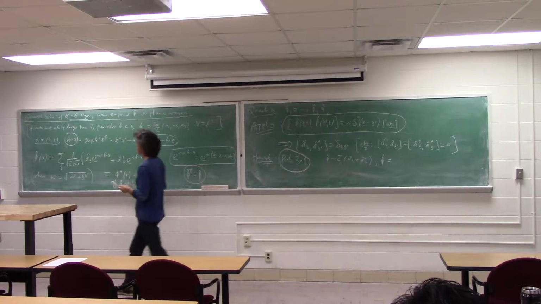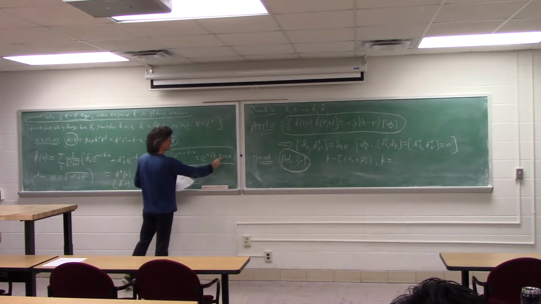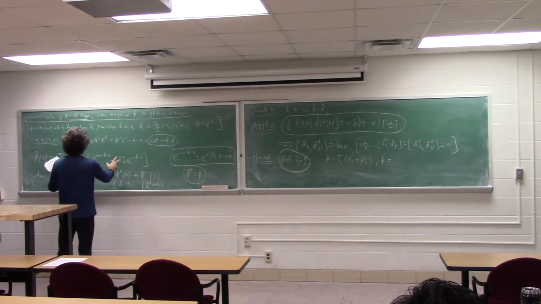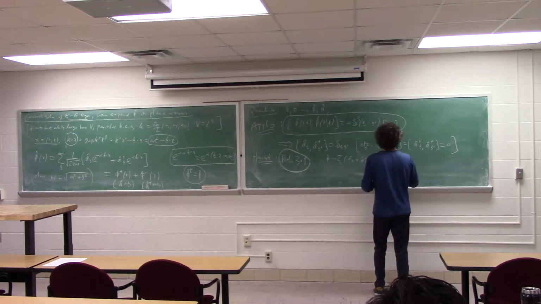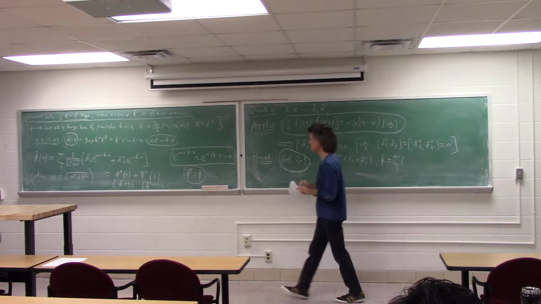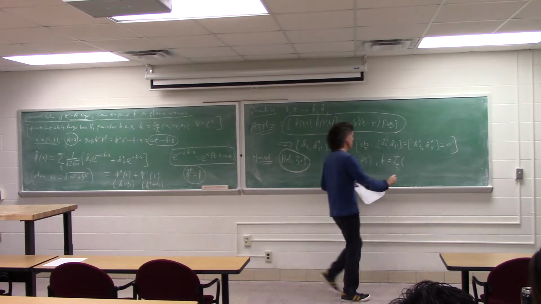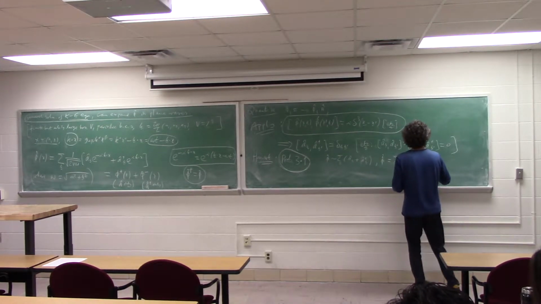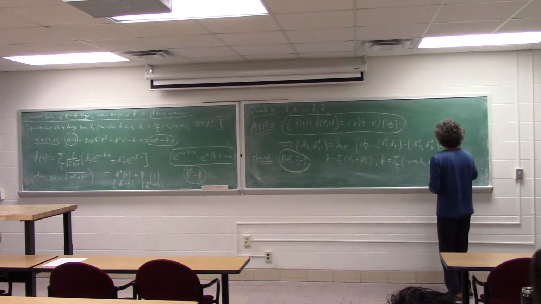Let's look at the time derivative here. Remember these terms: you've got an e to the i (k dot x minus omega t) and a plus omega t in the other one. You take the time derivative of this and you should find that for the first term, I'll bring down a minus i omega, so minus i omega ak, and the other term will have a plus i omega ak dagger.